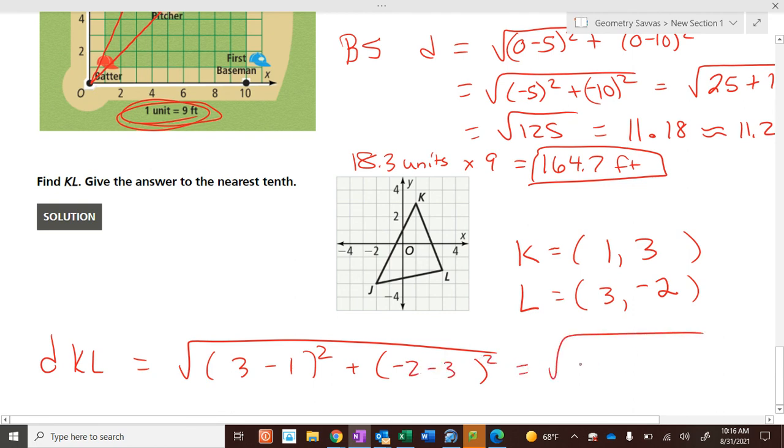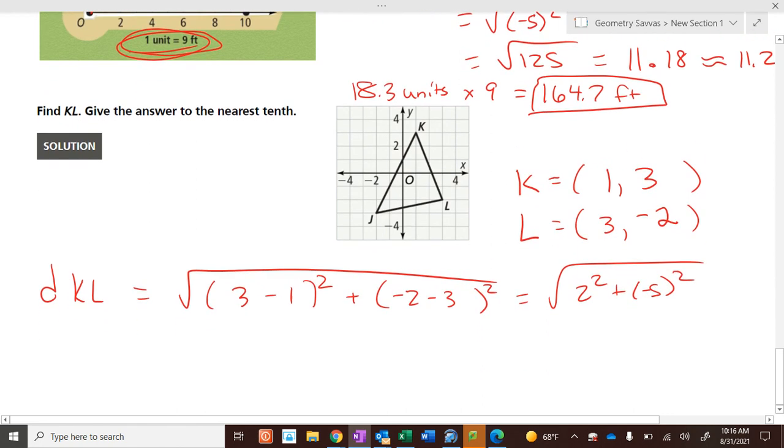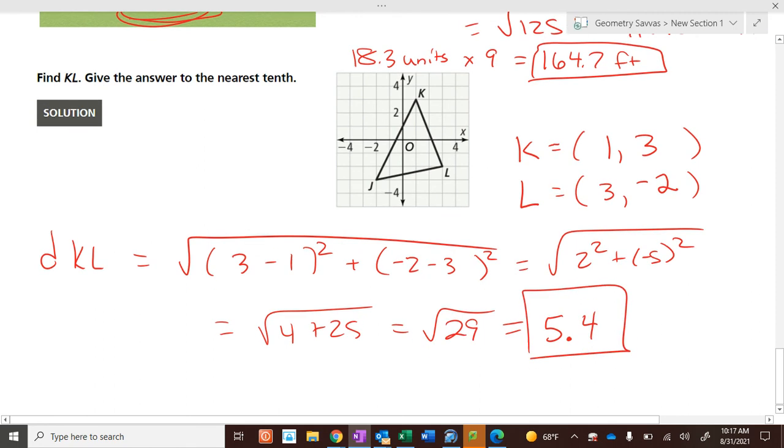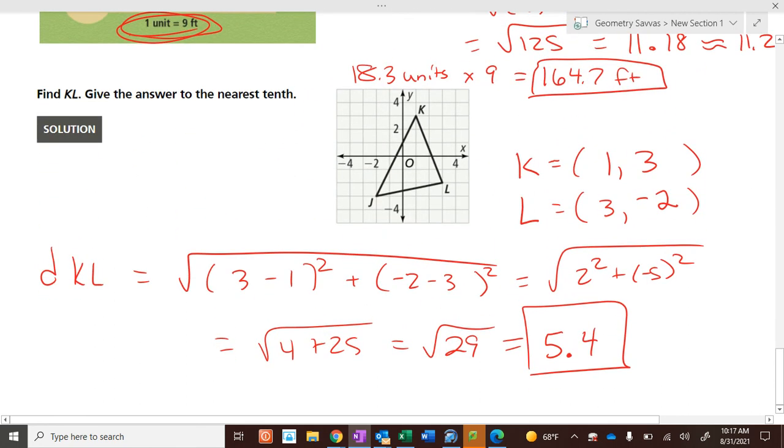So you get 2 squared plus negative 5 squared, which equals 4 plus 25, which is a square root of 29. Rounded to the nearest tenth, it says. Time to grab your calculator. What is the square root of 29? 5.38, round to the nearest tenth. 5.4. Okay? So, that is that.